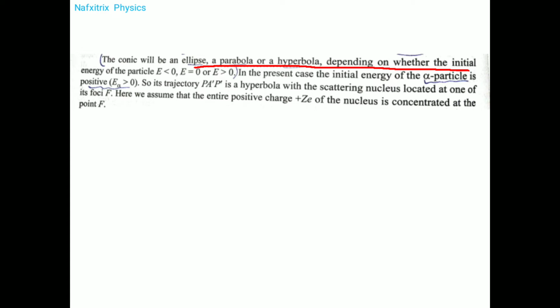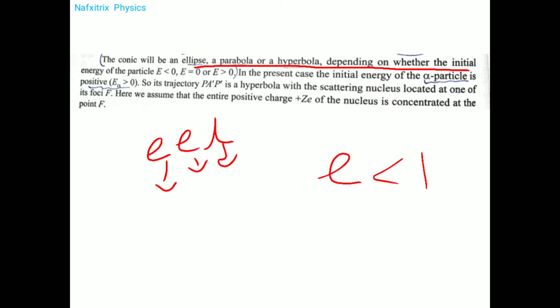How to remember this: for an ellipse, eccentricity is less than 1. For a parabola, eccentricity equals 1. And for a hyperbola, eccentricity is greater than 1.